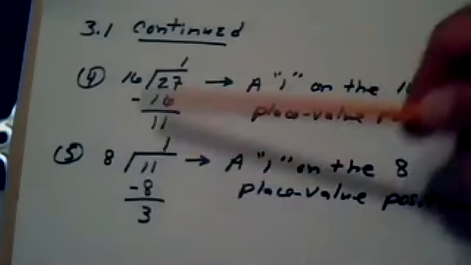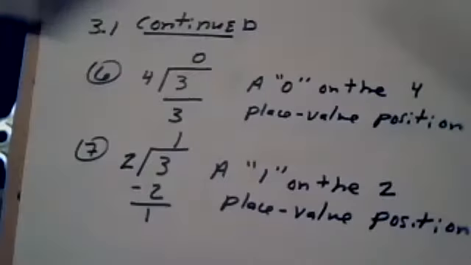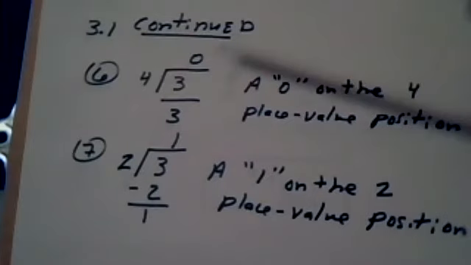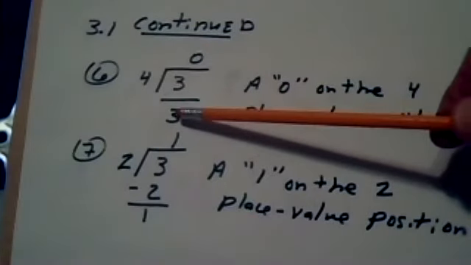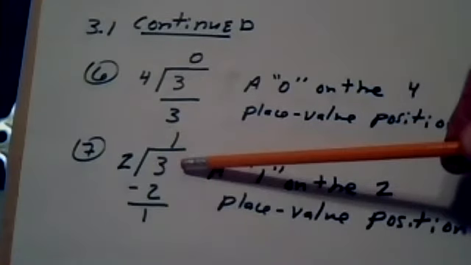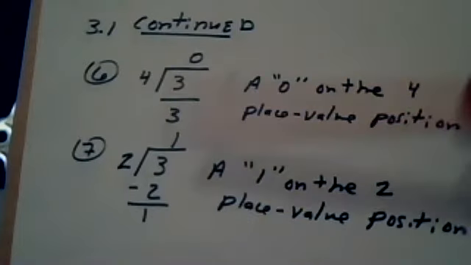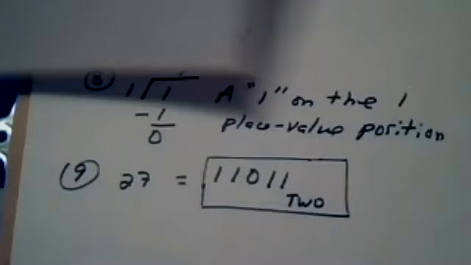Then this remainder, you're going to divide by the next place value. And then that remainder, you're going to divide by the next place value. And then we have a 1 here. And finally, that 1 you divide by the last place value.